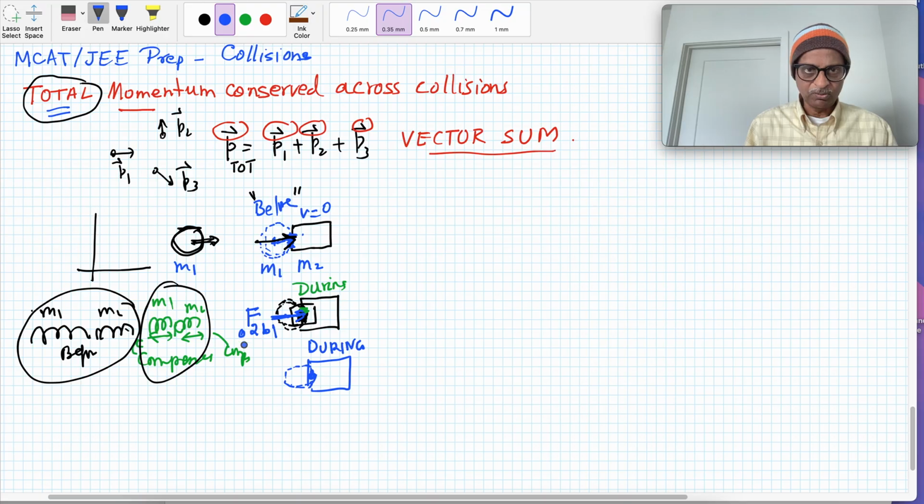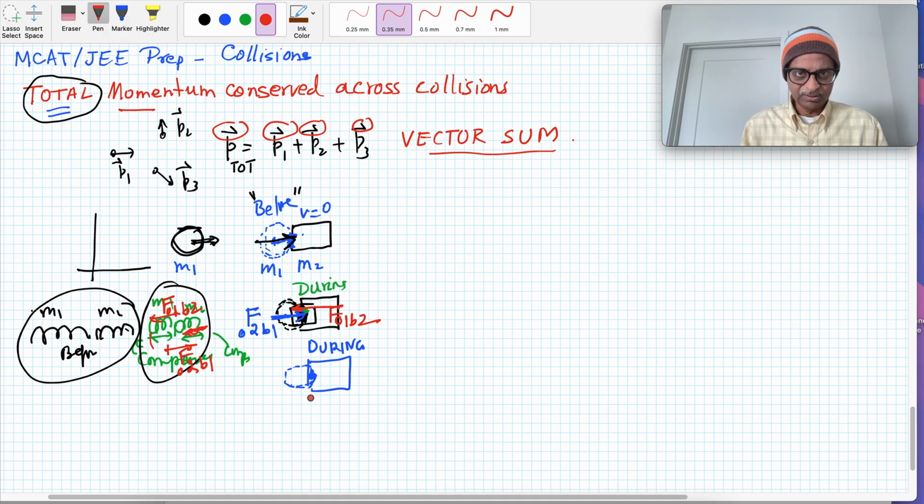If you look at it, this spring is pushing outward, so it's going to apply a force that way on this one, and this one is applying a force that way. So this is the force on 2 by 1, and this is the force on 1 by 2.